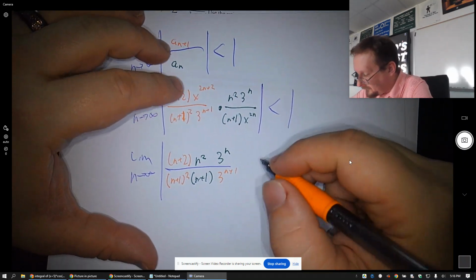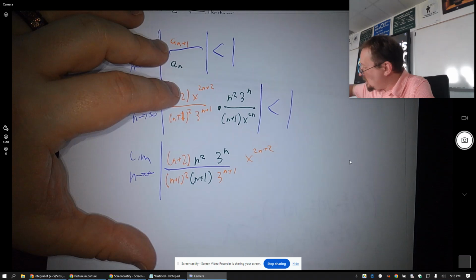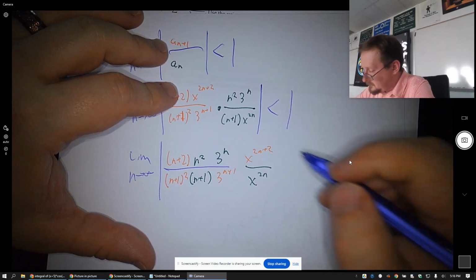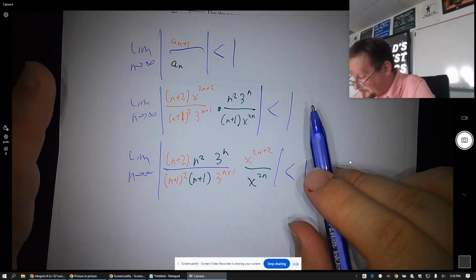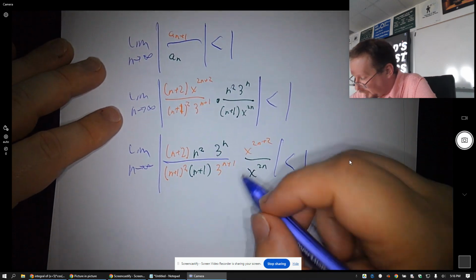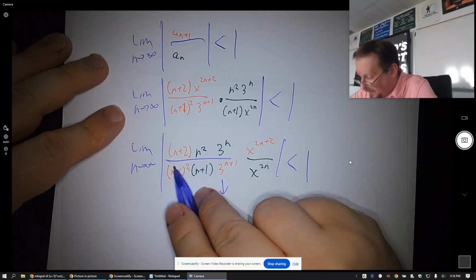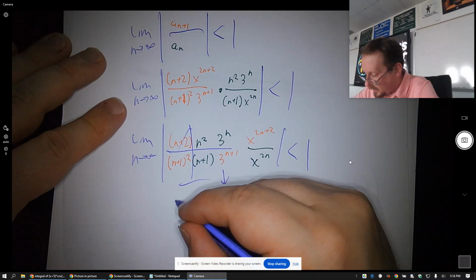I'm going to simplify it in a second. I'm so confused. Okay, 1 plus 2, and then x to the 2n. Okay? Did I do this correctly? Yeah, okay, so this is now 1/3. This is a third polynomial power over a third polynomial power. So that limit is going to go to 1.